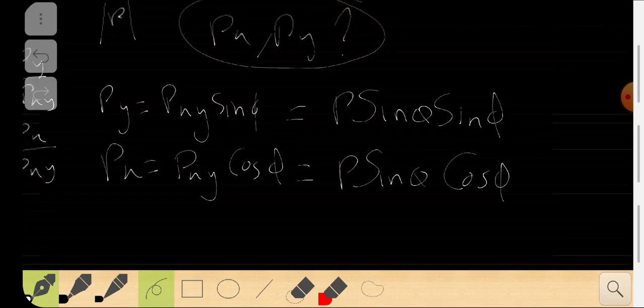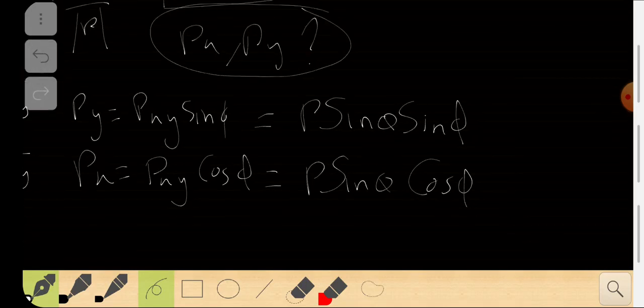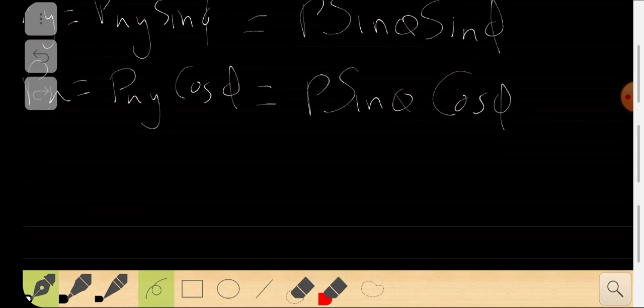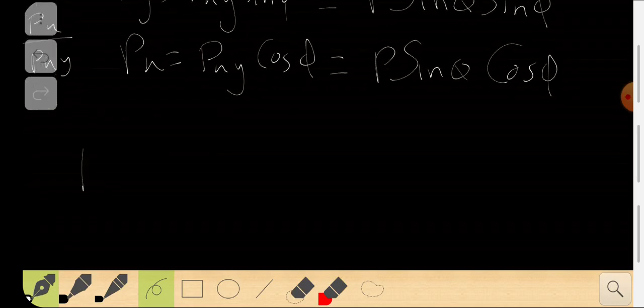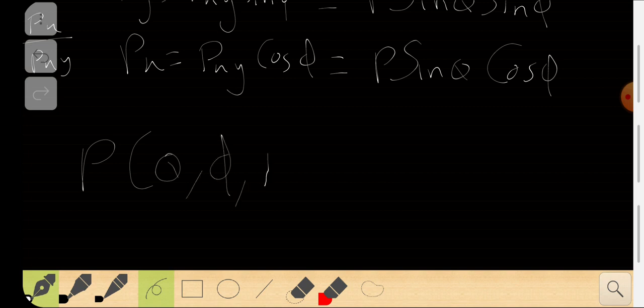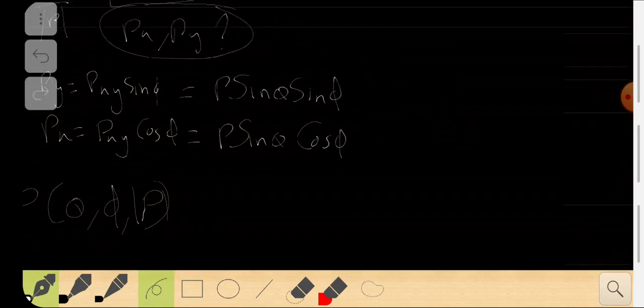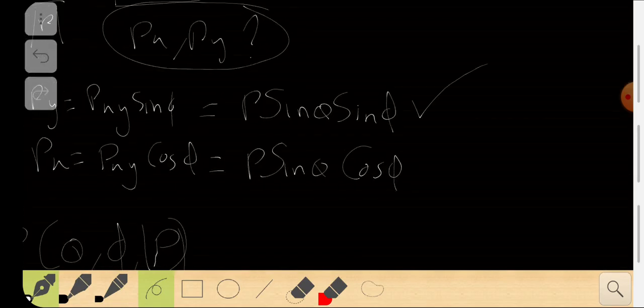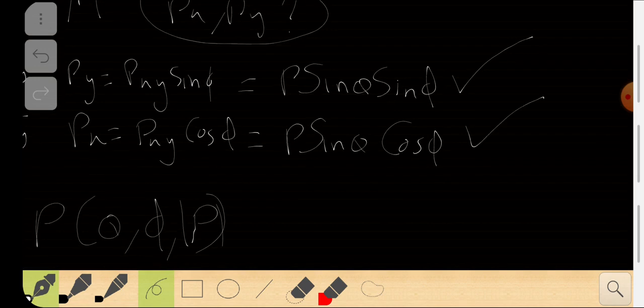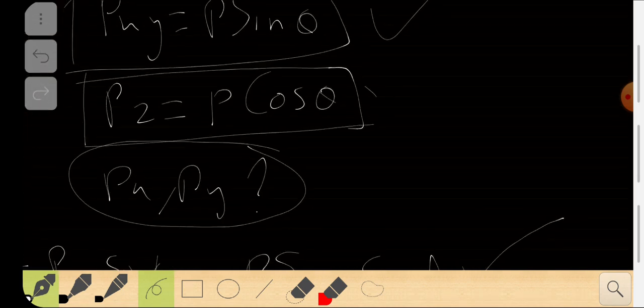So we have found these in spherical polar coordinates in three-dimensional Cartesian space. This is called spherical polar coordinates because we are representing this whole vector p in terms of theta, phi, and r, which is p, the magnitude of p, the radius or the radial component. So we have found the py component, the px component, and the pz component.